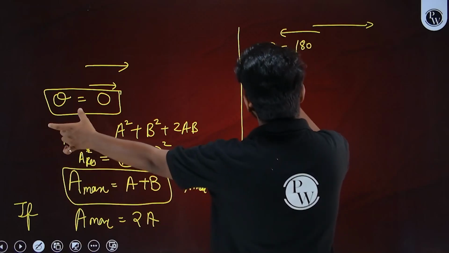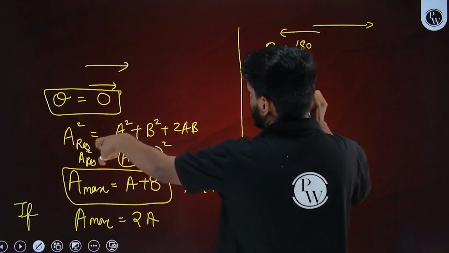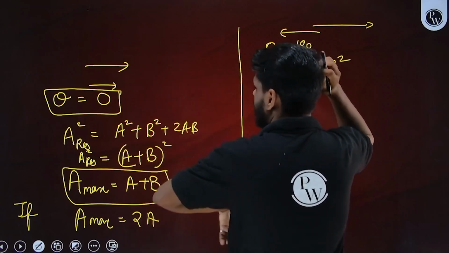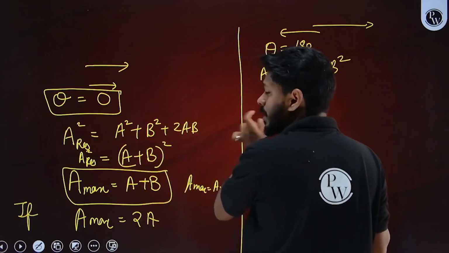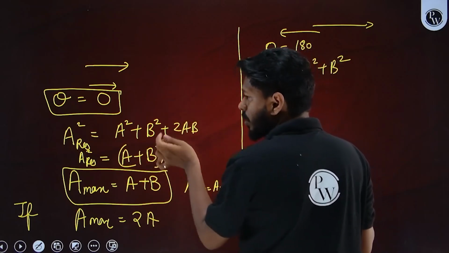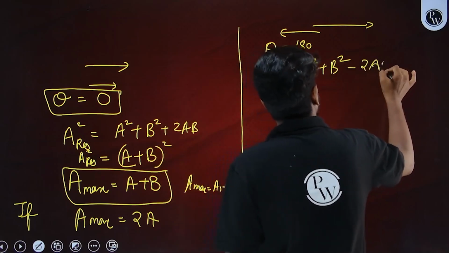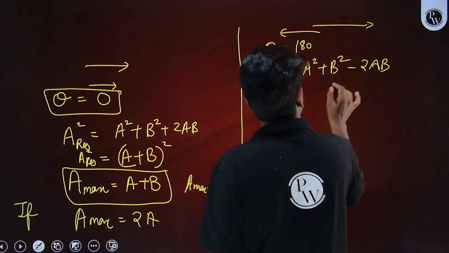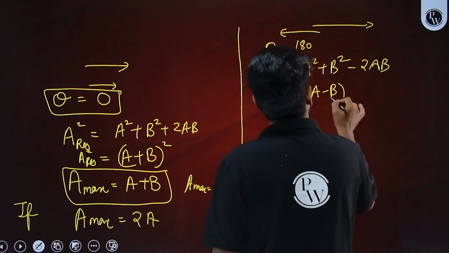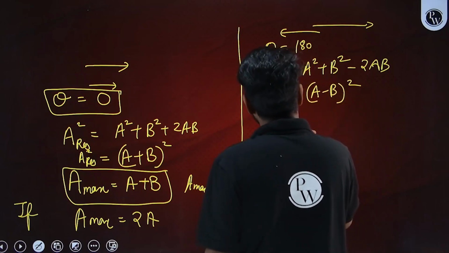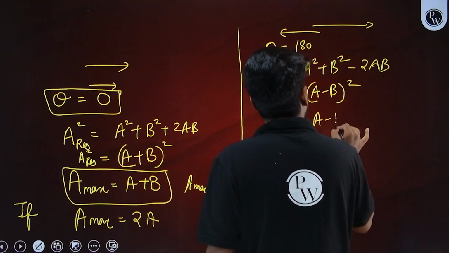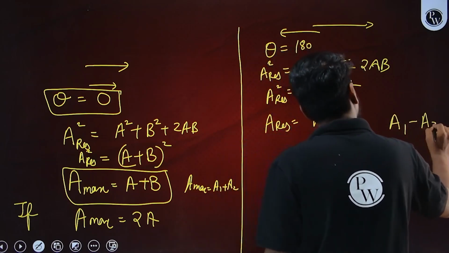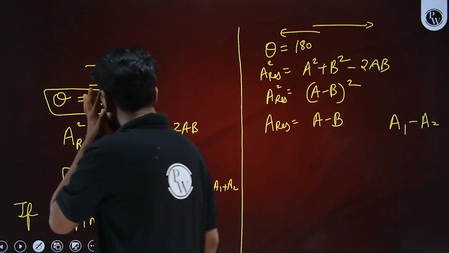Then my resultant square will be A square plus B square, and what is cos of 180? Because we have the formula 2AB cos theta. Cos of 180 is minus 1. So I will be getting minus 2AB. So A resultant square is equal to A minus B the whole square. So my A resultant is equal to A minus B. Or if there are A1, A2, just put A1 minus A2.